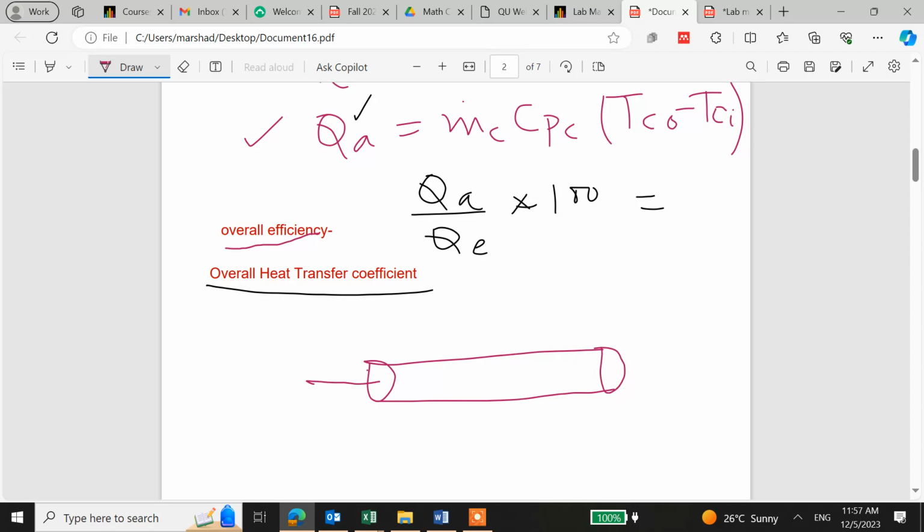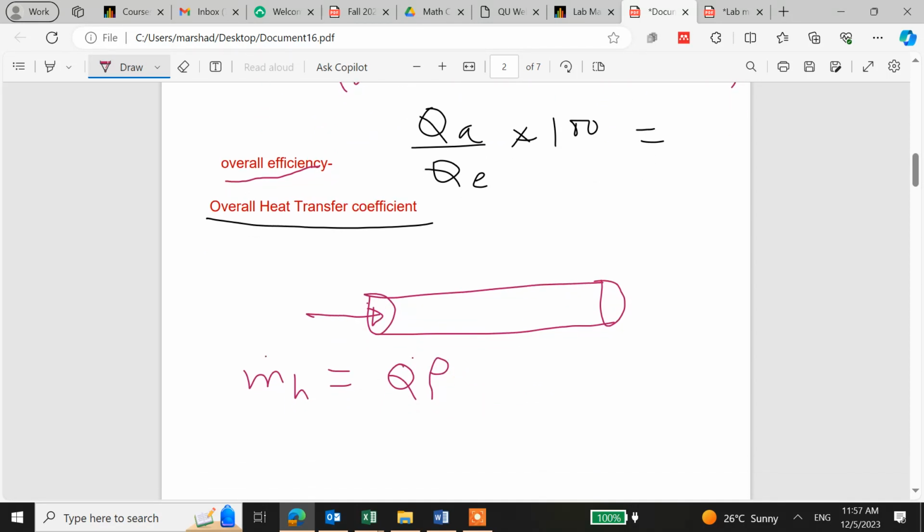If it is a volumetric flow rate Q, then you multiply with the density to get the mass flow rate. If the cross section is circular, the area of cross section is pi r squared.